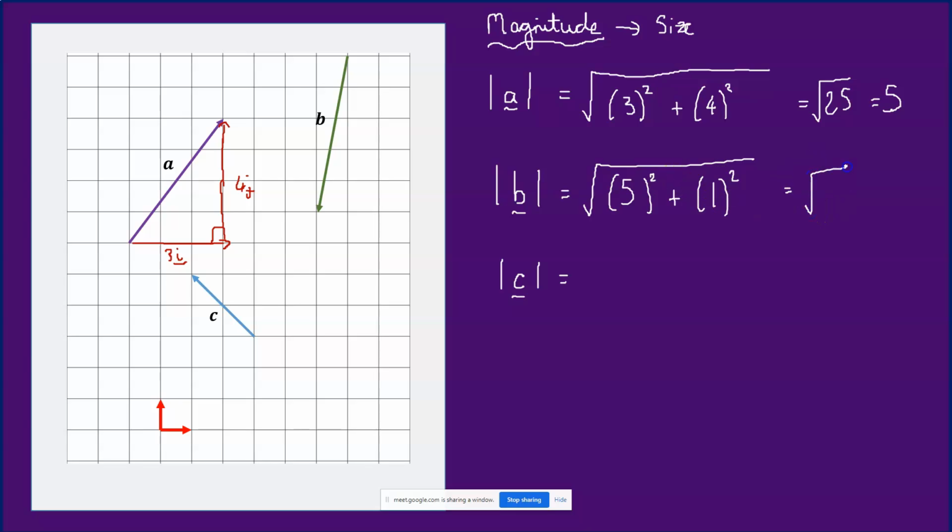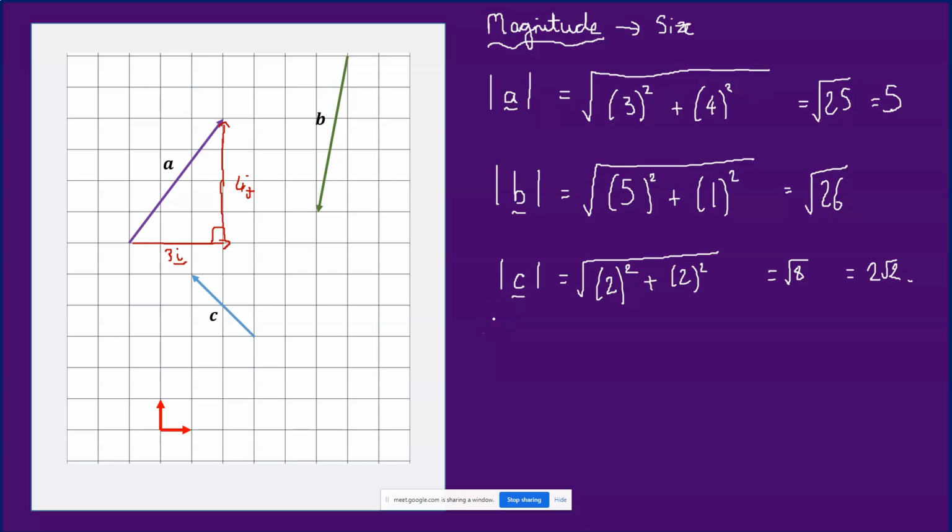So root 26 for B, and for C we've got 2 squared plus 2 squared, which is root 8, and then I would be tempted to cancel that down to root 4 times root 2, cancel that down. So that's how you basically get the magnitude. It's just the size of the vector, and you can just do Pythagoras on it.